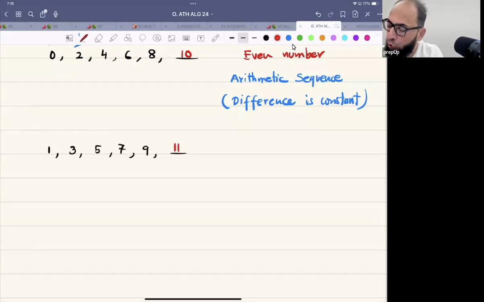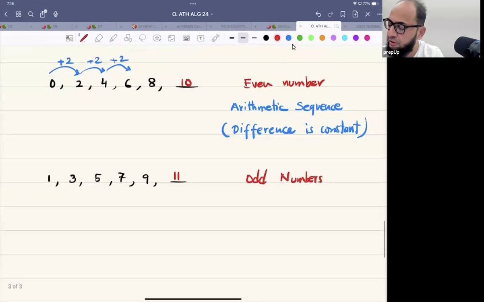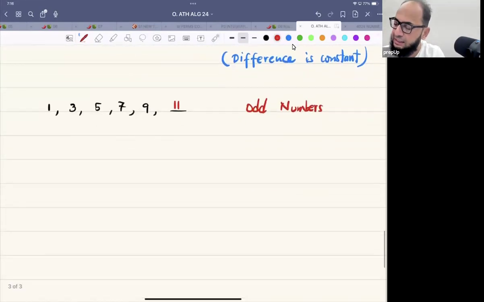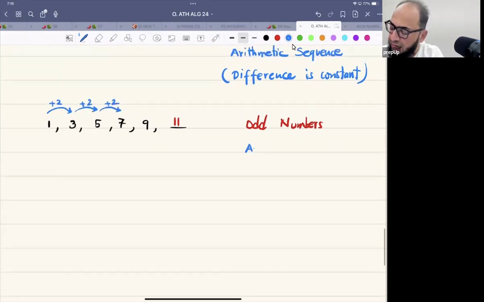Now this is also an arithmetic sequence, but this time this is a sequence of odd numbers. So that is for even numbers, this is for odd numbers. Each number is obtained from the previous number by addition of a constant value 2. So again, I can write that this is an arithmetic sequence.